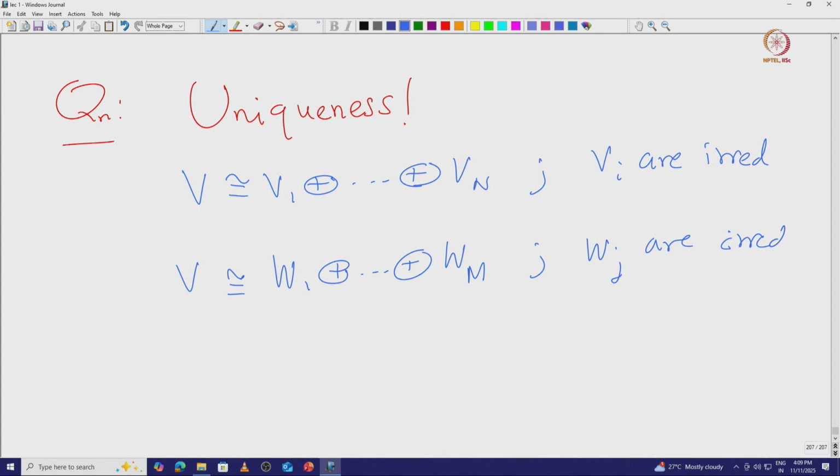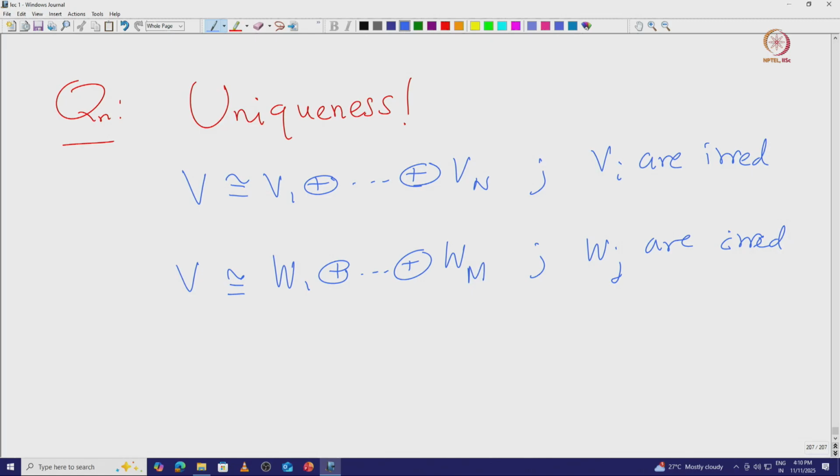Then the question is whether these components Vi's and Wj's are isomorphic up to permutation. That poses the question about uniqueness.